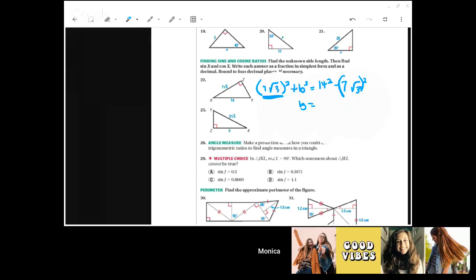No, it's not 13.2. So when you do 7 times the square root of 3, squared, tell me what that is.